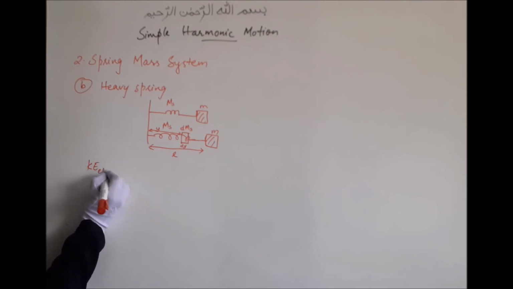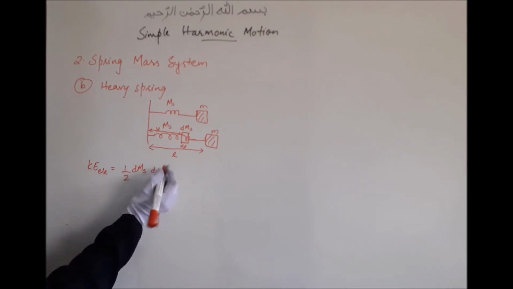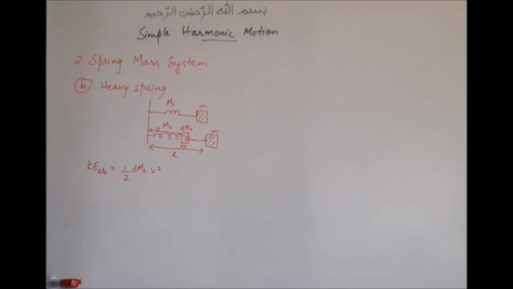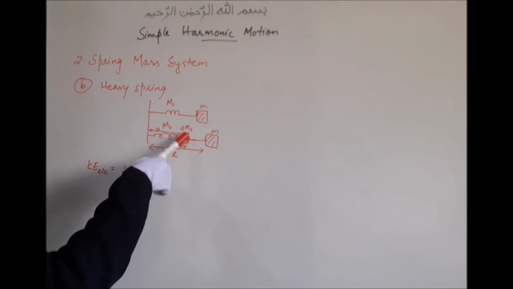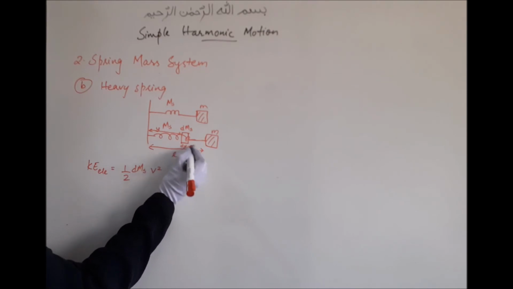So what will be the kinetic energy of this element? Kinetic energy of the element is going to be half dms into v squared, right? Let's say v is the velocity of this small portion, this elementary portion.